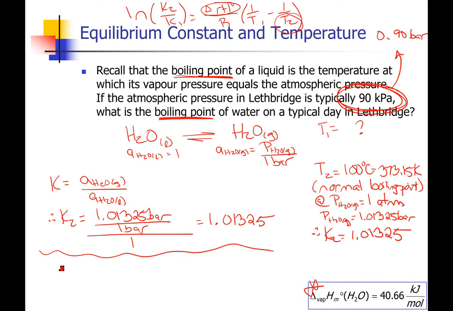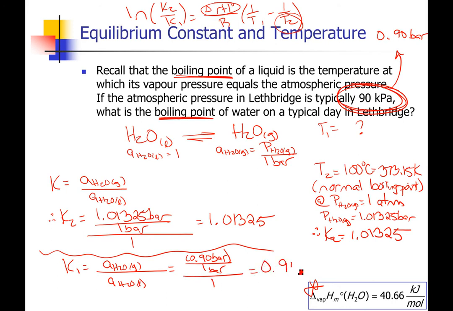And so we should be able to calculate K1 as well, because that will be equal to the activity of the water vapor when the water is boiling and the atmospheric pressure is 90 kilopascals, which means the pressure of the water vapor is going to have to be 0.90 bars divided by 1 bar, and then that's divided by the activity of the liquid water, so we're dividing that by 1.